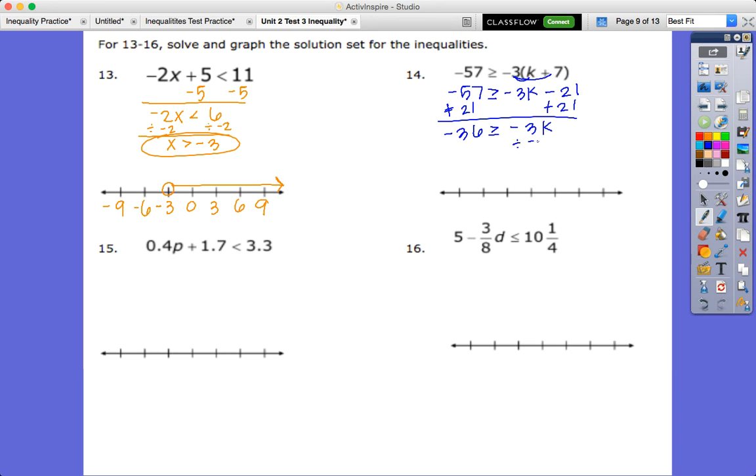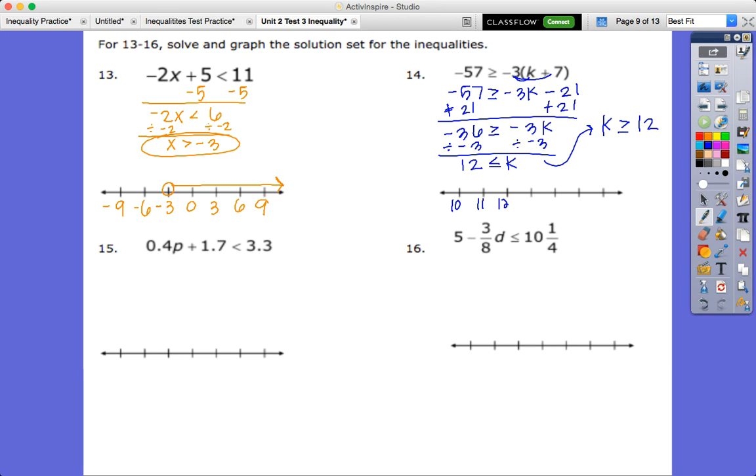Now I'm going to divide both sides by negative 3. Negative 36 divided by negative 3 is positive 12. I have to flip my sign because I divided by that negative coefficient. And then I can rewrite this with my variable on the correct side. So k is greater than or equal to 12.